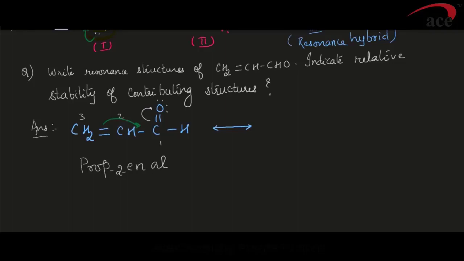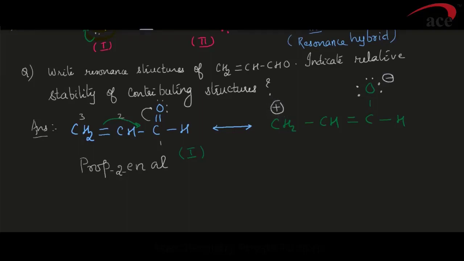So the next contributing structure, I call it structure 1. Structure 2 can be written as CH2 single bond CH double bond C with the oxygen atom and H, showing the valence electrons, 1, 2, 3, 4, 5, 6, with the negative charge. Now this carbon is electron deficient.